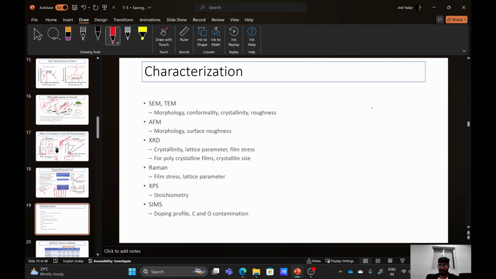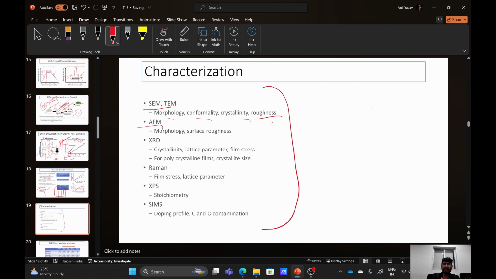So there are some characterizations that can be used: SEM, TEM for the morphology, conformality, crystallinity, and roughness. So after the deposition of your material on the substrate, you can characterize how good your material is. Okay, so these are the characterizations.